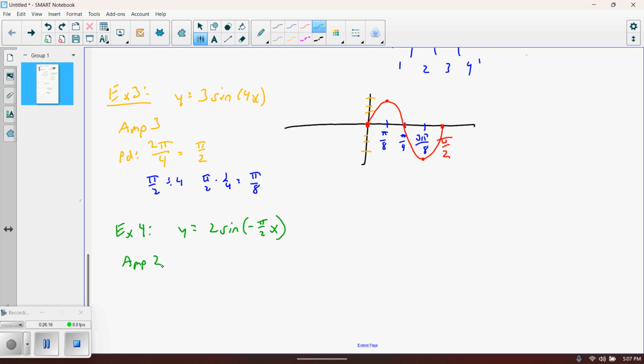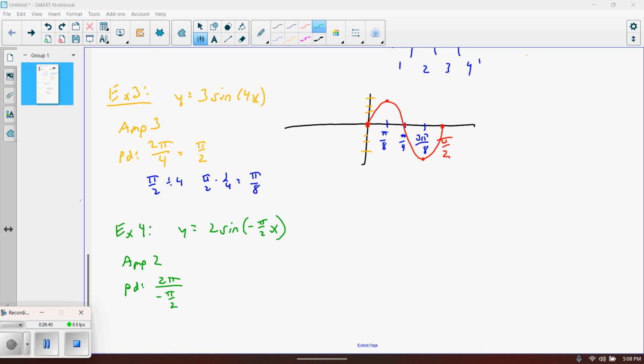And once again, to find the period, you're going to take 2 pi and divide it by the omega. Well, the omega in this case is negative pi over 2. And you might say to yourself, how can I have a negative period? Because this is going to end up giving me a negative period.